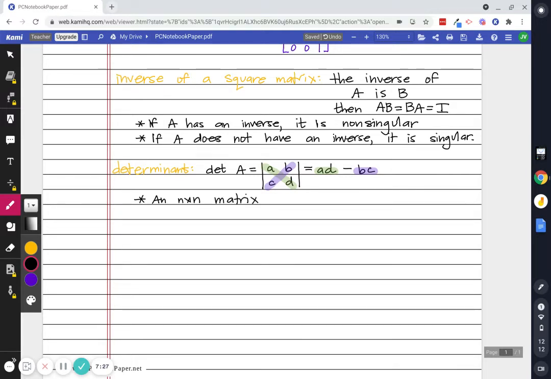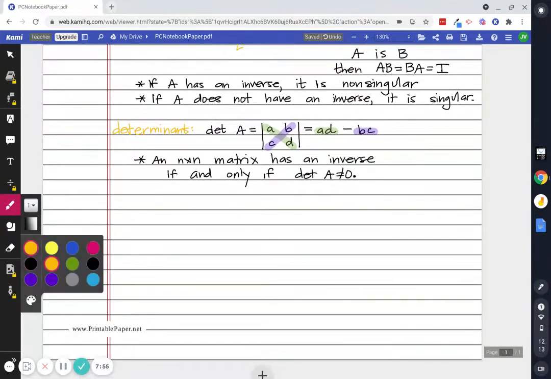An n by n matrix has an inverse if and only if, throwing it back to geometry, the determinant of A is not equal to 0, okay? And we can find that inverse. I'm going to show you the formula quick, but then again, we are going to live in the world with our calculator.